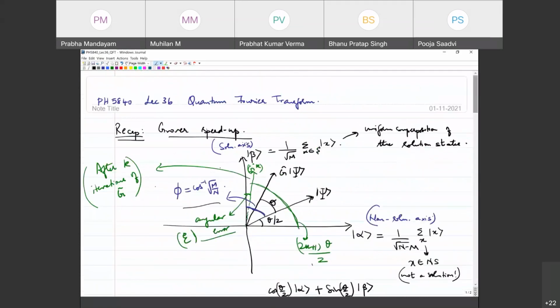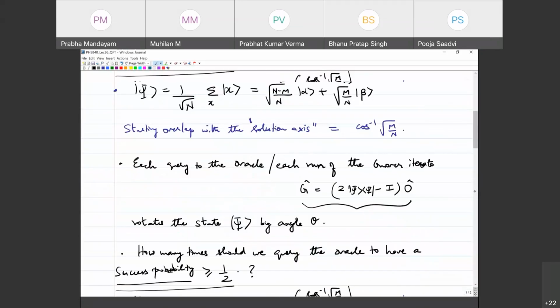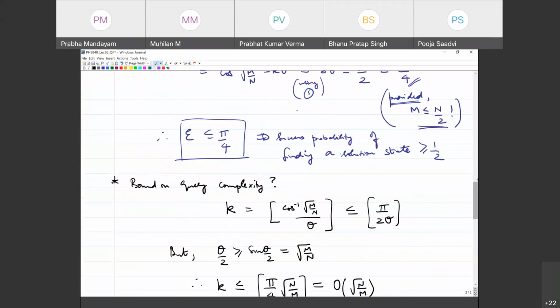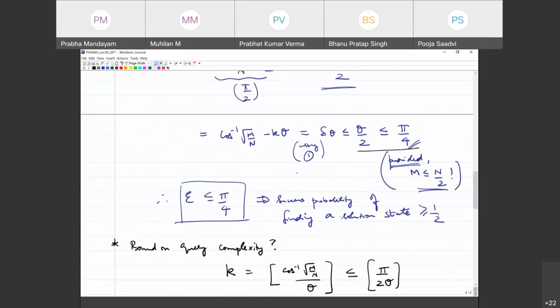Even a single rotation, you're going to cross it. And so your bounds will go a bit off on how many iterations you need. It will actually tell you that you need more iterations, which doesn't make sense. So the way to address that is by augmenting the database so that you now have more non-solutions than solutions, so that your theta by 2 is within pi by 4, and so on. So this entire analysis will go through.